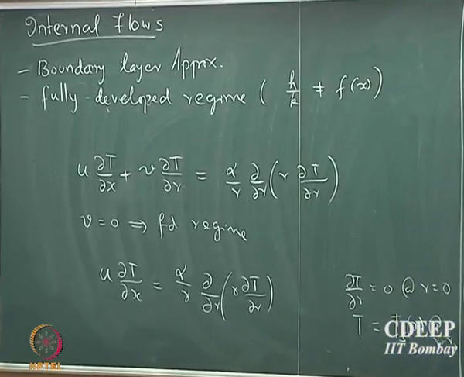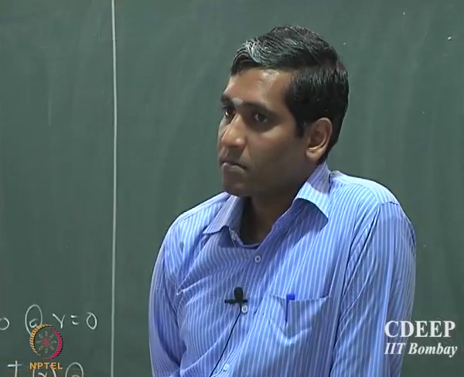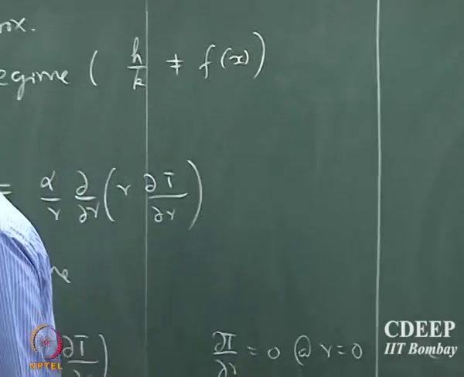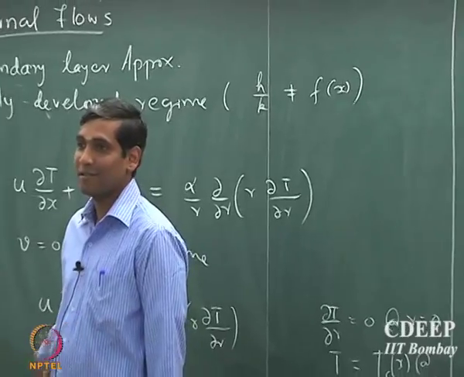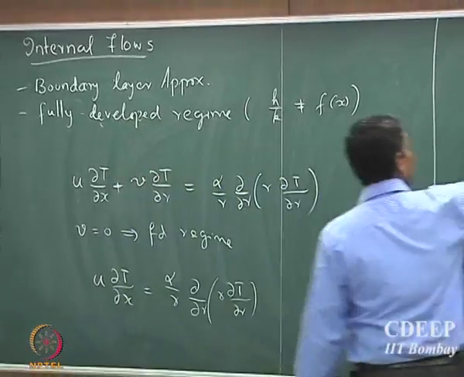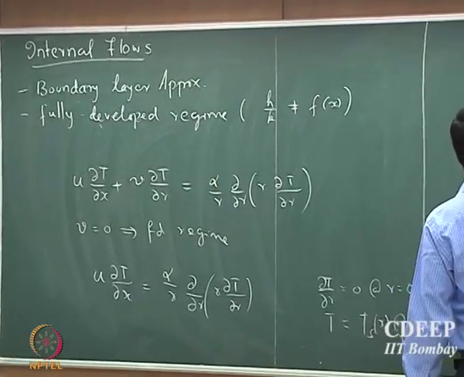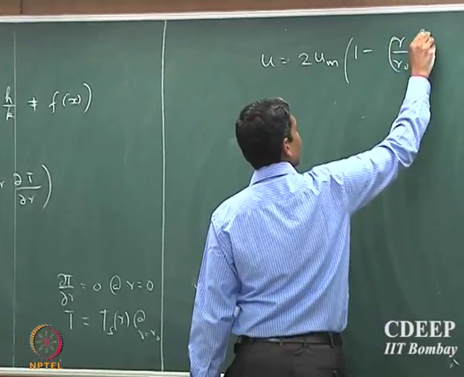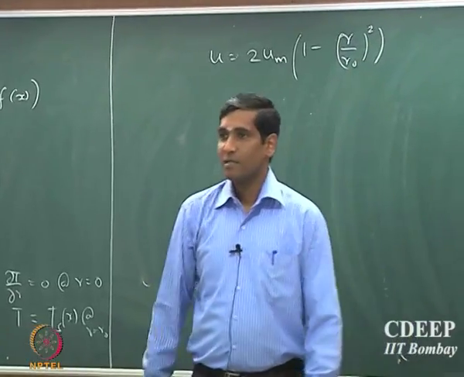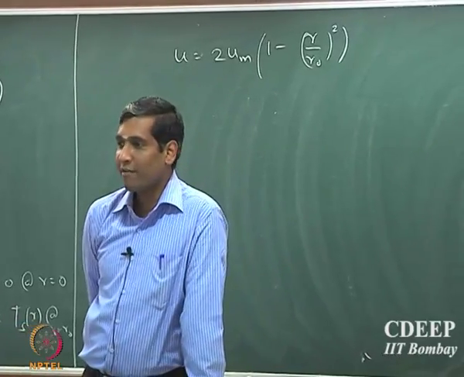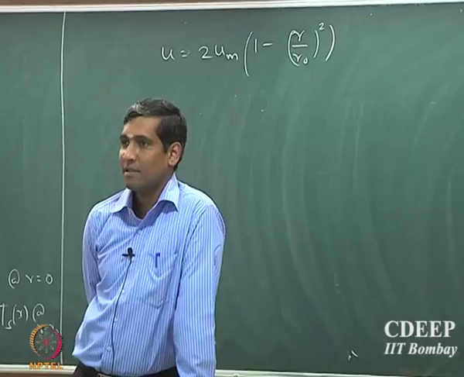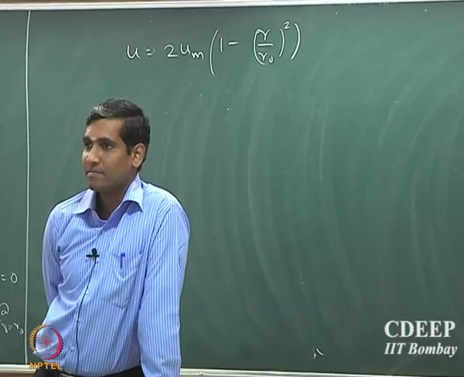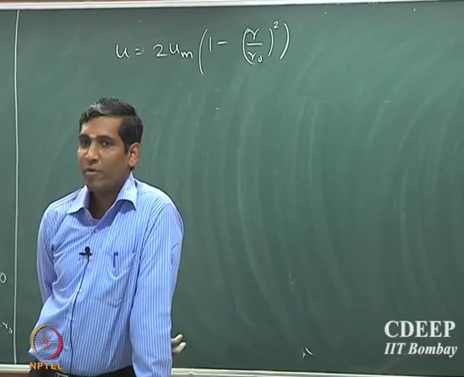How do we solve this? Note that u is now a function of the radial position. u is 2 um into 1 minus r by r naught the whole square. So simple separation of variables will not work. How do we solve this?